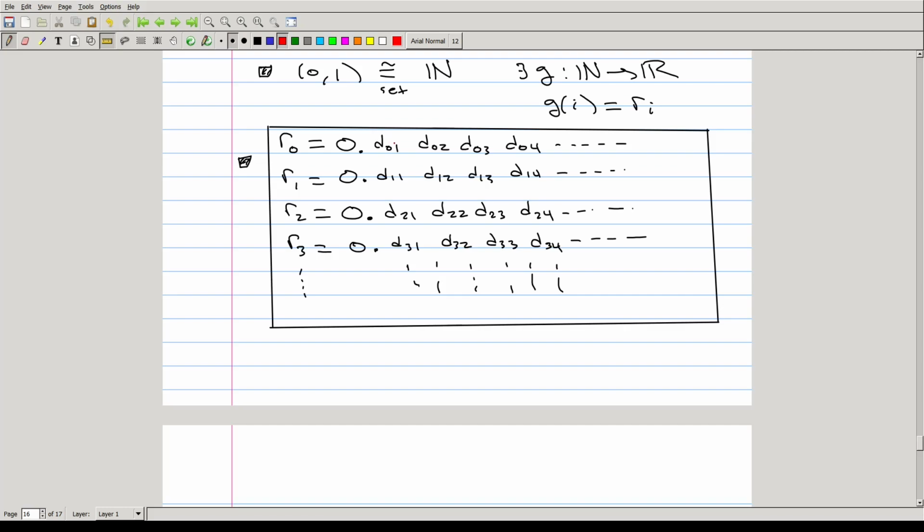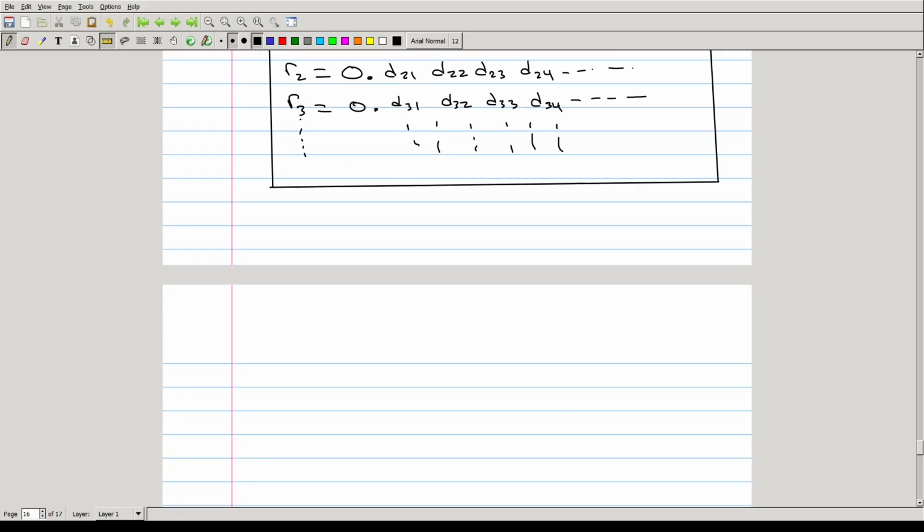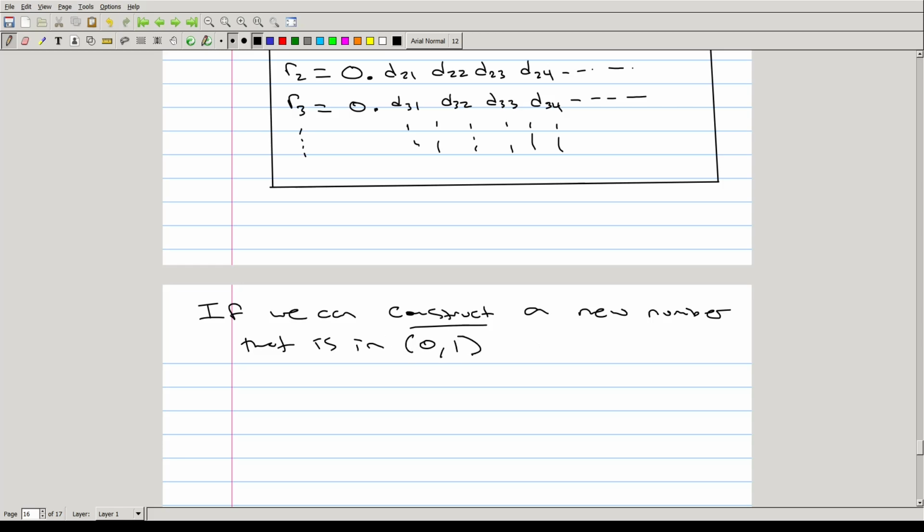They basically say that if we can construct a new number that is in the open interval from 0 to 1 and not in the previous list, then we have found a contradiction.